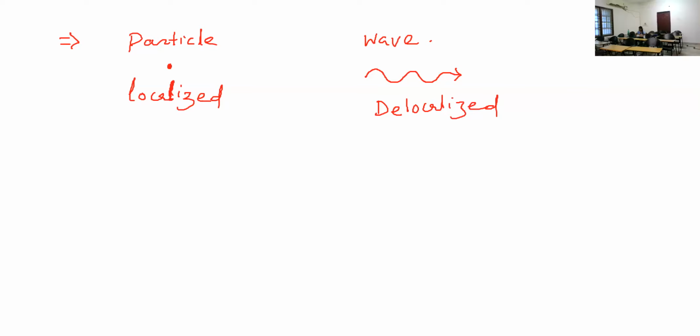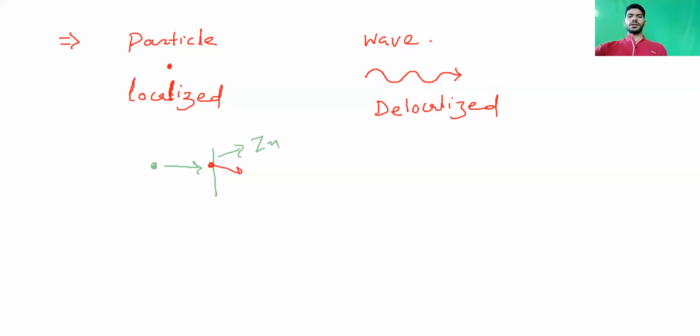Now, for example, if I have one electron and it strikes the zinc sulfide screen, it produces only one bright spot. Let's say the bright spot is here. Only one bright spot is produced, which is known as scintillation, and it is localized, at only one point.